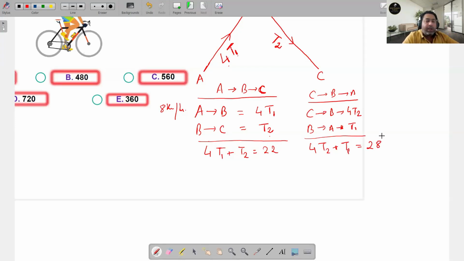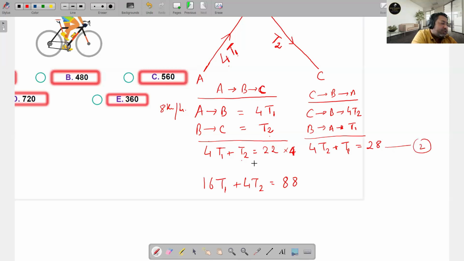What we are going to do is get rid of one of the variables by multiplying the first equation by 4. That will help us because we can make the t2 into 4t2. We multiply this by 4, we get 16t1 plus 4t2 is equal to 88. Now this one was our equation 2.